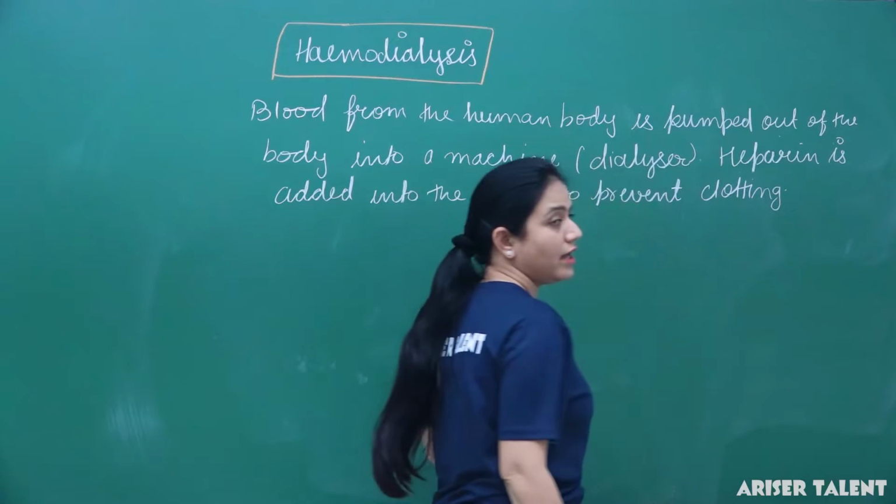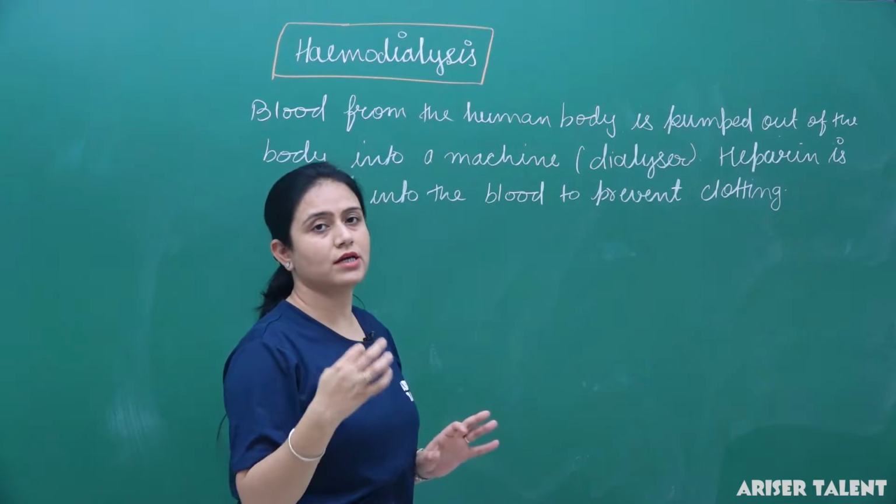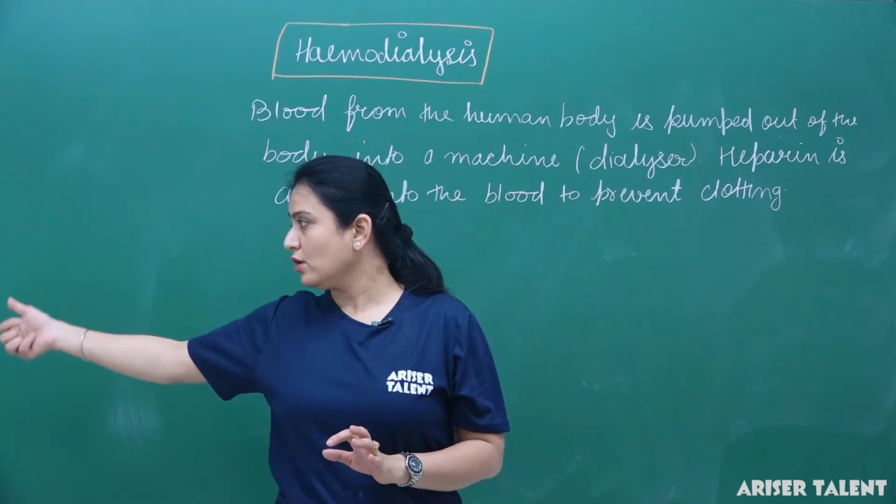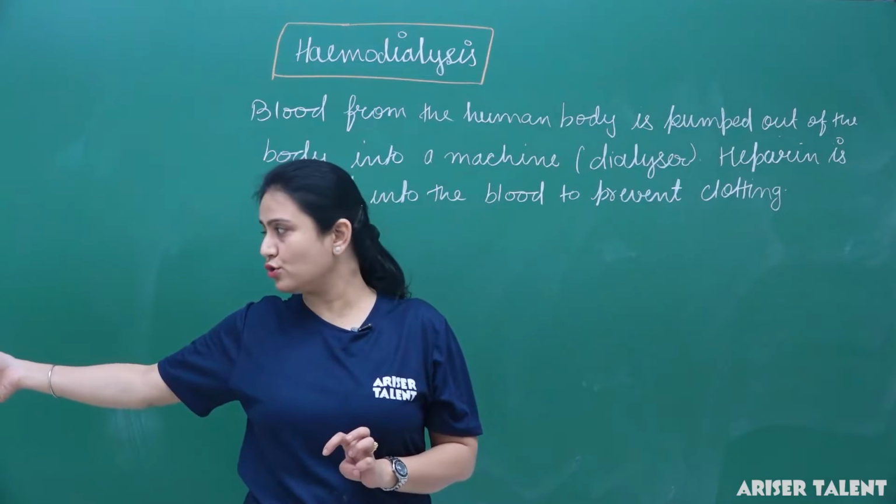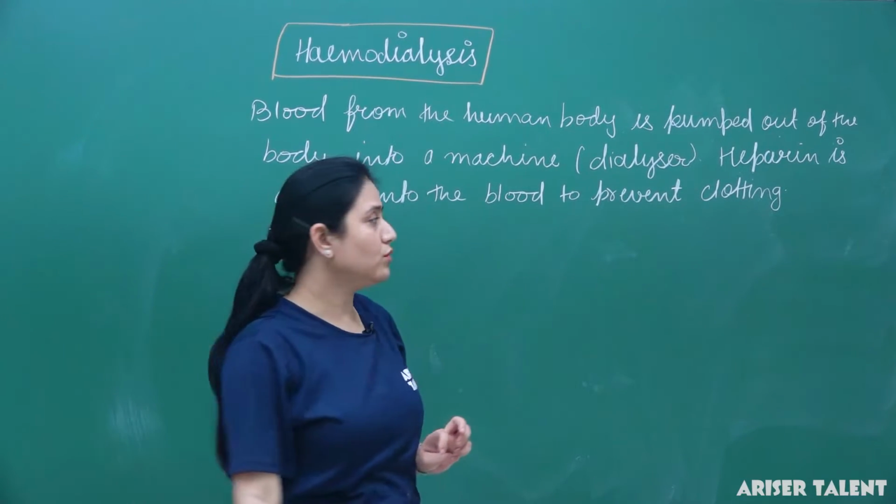Then the blood is circulated into the long coiled tube which is made up of cellulose.